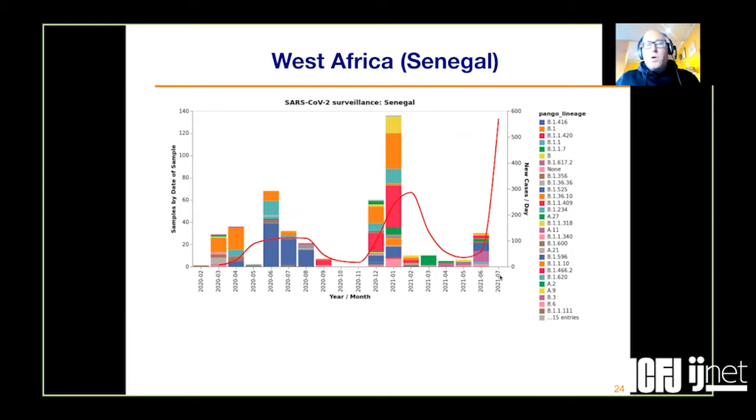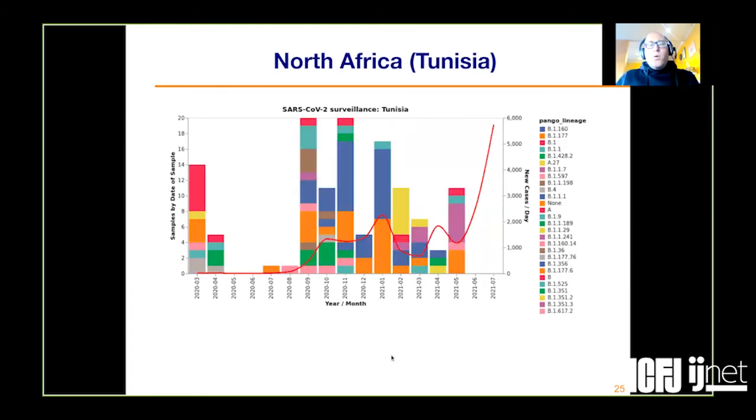And I'm pretty certain that once we get July data, we'll find that it is majority Delta again. North Africa, we have no data for Tunisia at the point of this peak. So this is not Delta that is found in May. But you see that we just have this data gap, nothing for June, nothing for July in the public databases, but we see cases are rising precipitously.